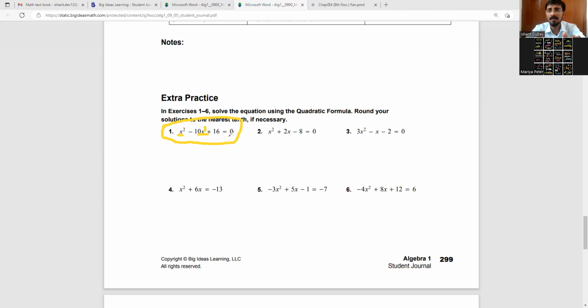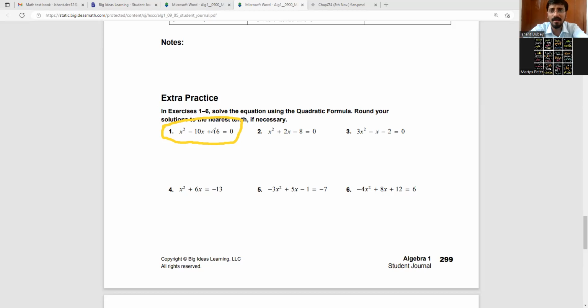The numbers you can call constants, and x is unknown, so we call that a variable. Here we have x squared, so the maximum power or degree is 2. If the maximum power or degree is 2, then we call that equation a quadratic equation.